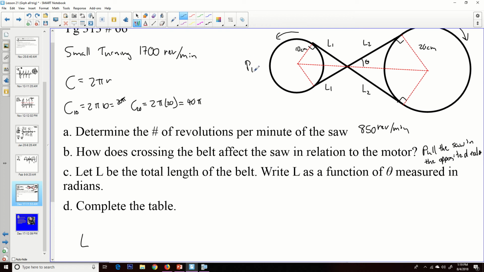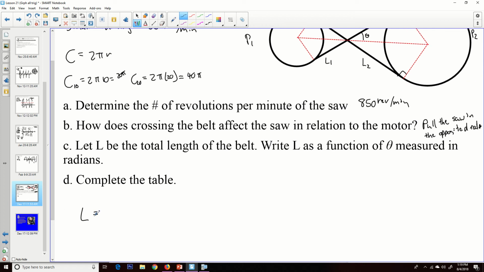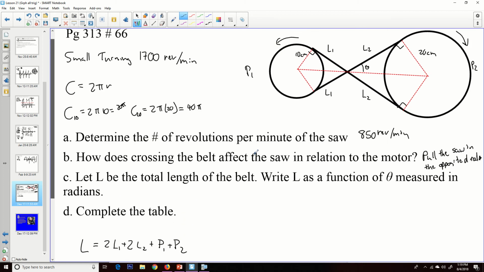I'm going to call that P1, and for this one, I'm going to call it P2. So L is going to be the sum of two L1s plus two L2s plus P1 plus P2. So it's going to be all of these lengths added up, and we want to figure out what that value is going to be. Let's start calculating some of this stuff.